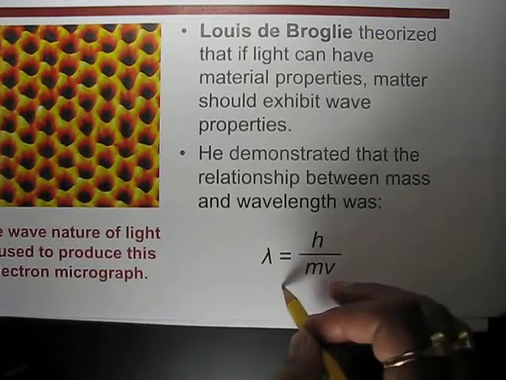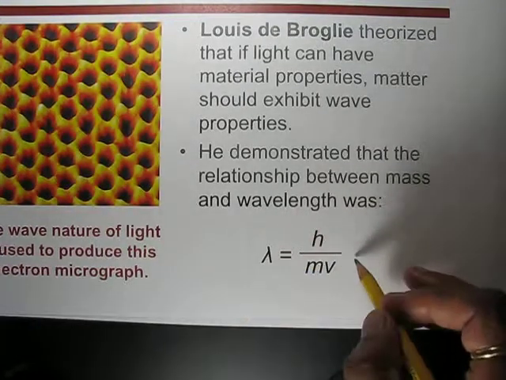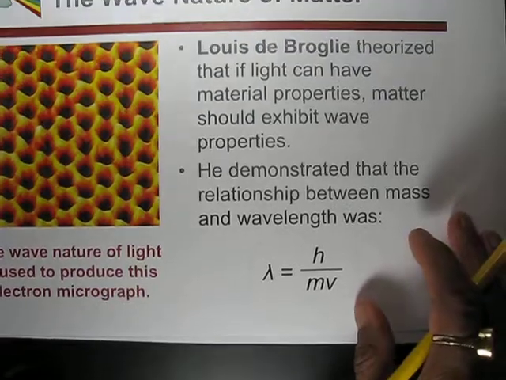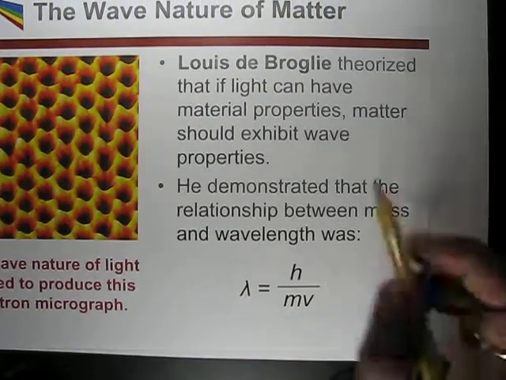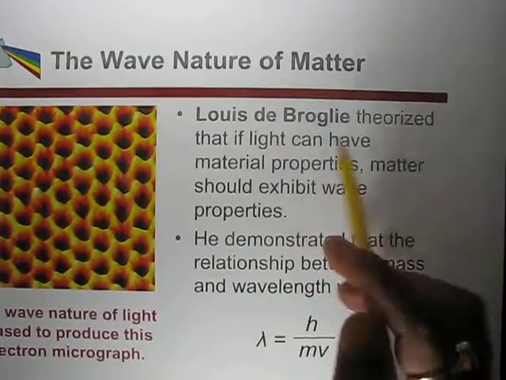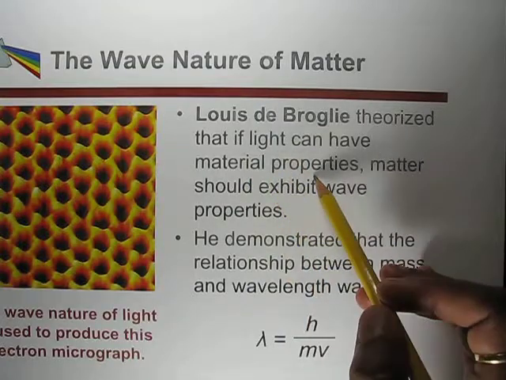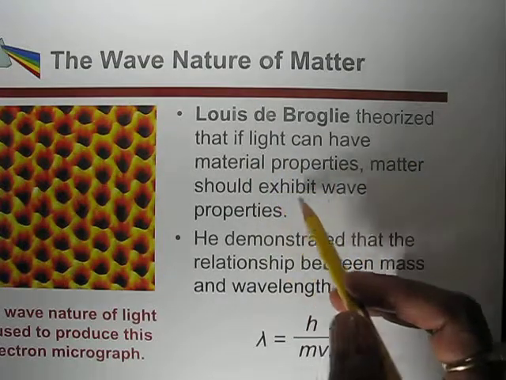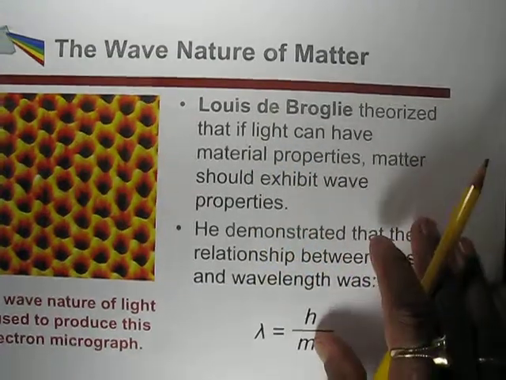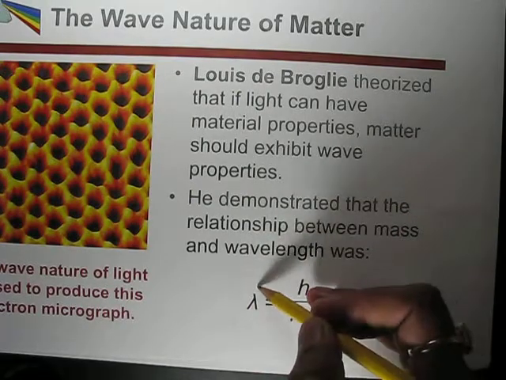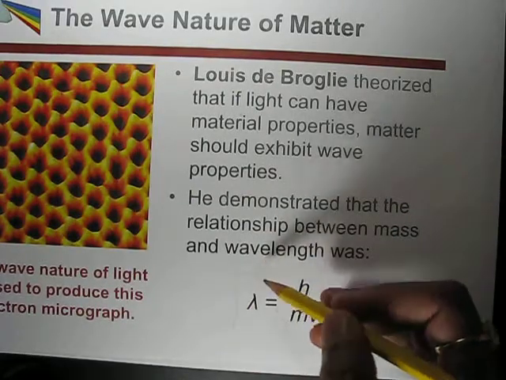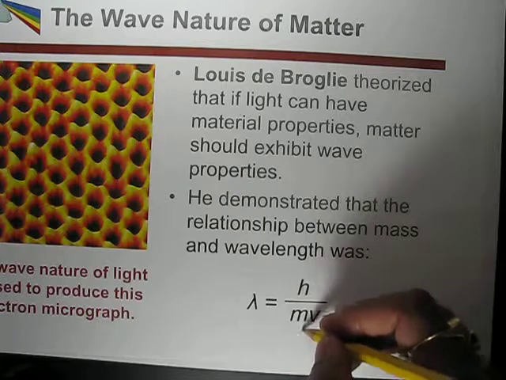So probably this equation is also important for you to memorize: if light can behave like a material, then matter could also behave like a wave. Lambda is the wavelength, which represents the wave, and small m is the mass.